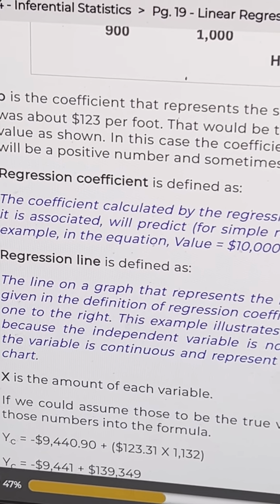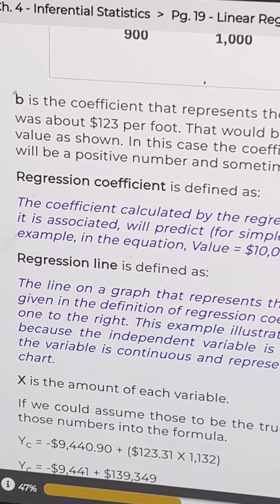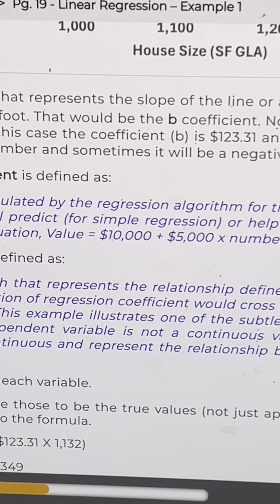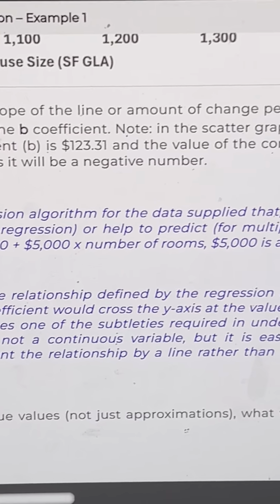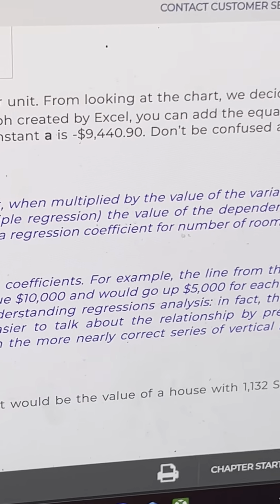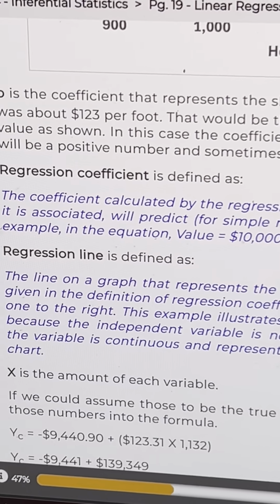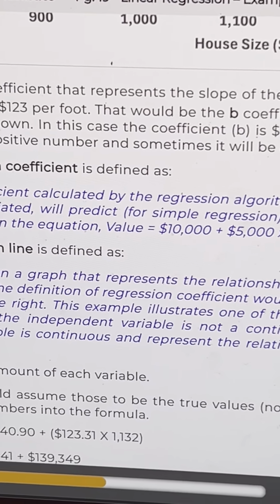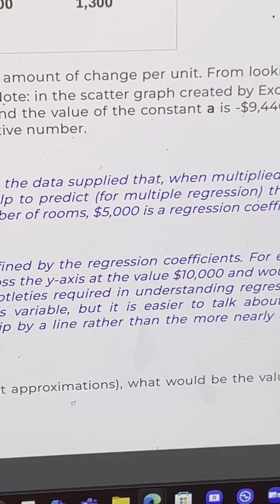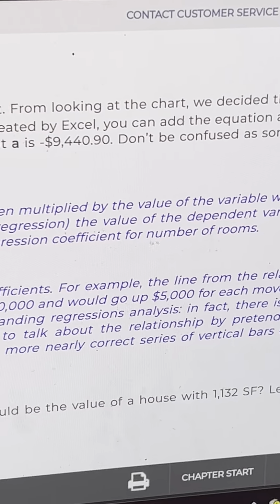Regression coefficient is defined as the coefficient calculated by the regression algorithm for the data supplied that, when multiplied by the value of the variable with which it is associated, will predict for simple regression, or help to predict for multiple regression, the value of the dependent variable.